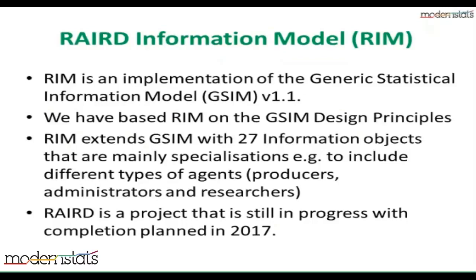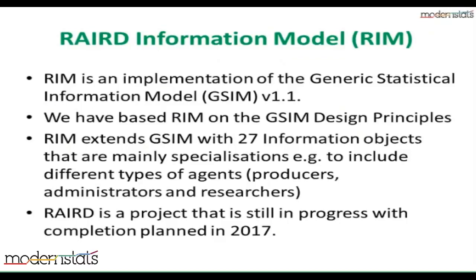The RARED information model, the RIM, is an implementation of the Generic Statistical Information Model, version 1.1. We've based RIM on the GSIM design principles, and we can recommend anyone else to do the same. The design principles are very useful.